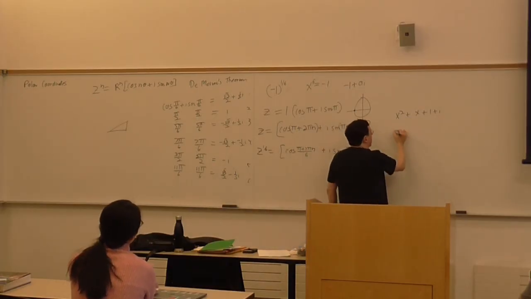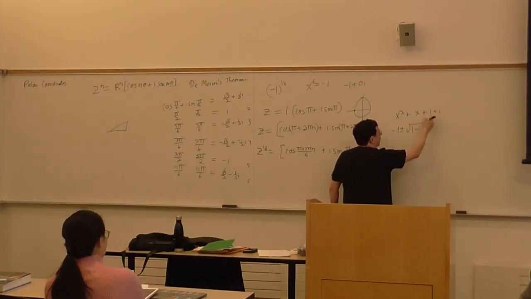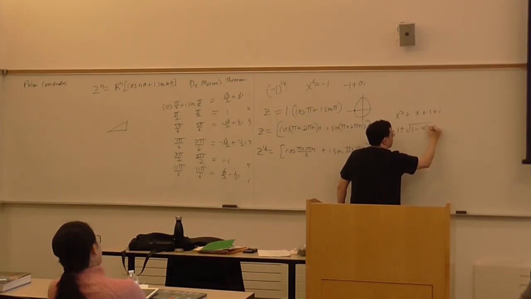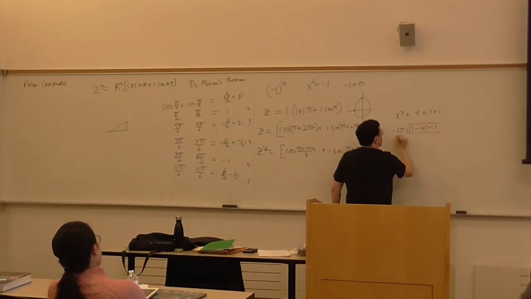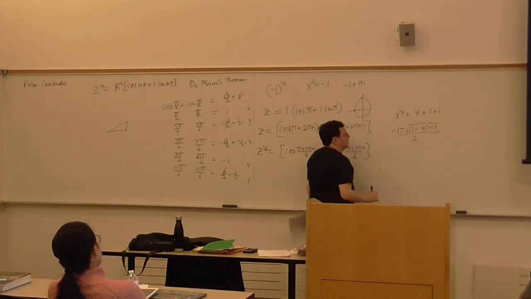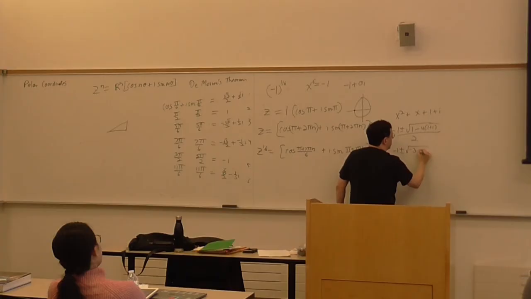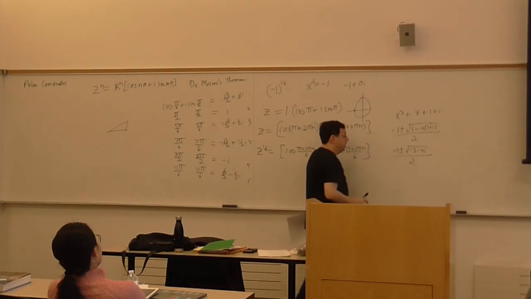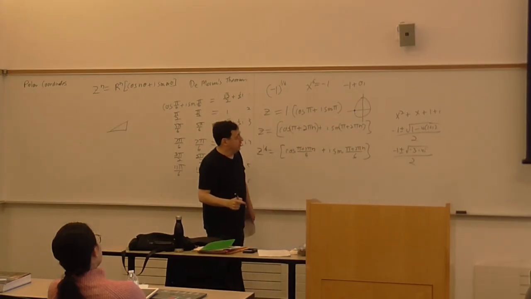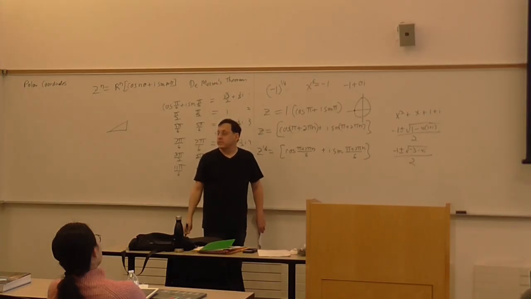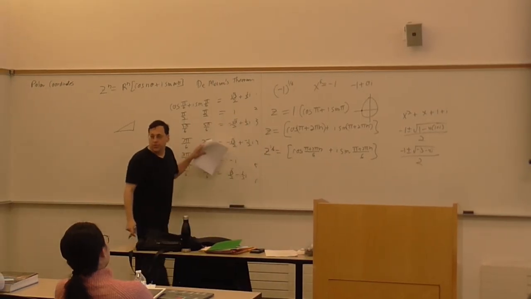So let's use the quadratic formula: -1 plus or minus the square root of 1 minus 4 times 1 plus i, all over 2. So -1 plus or minus square root of -4 minus 3 minus 4i, over 2. Right? Can I find the square root of -3 minus 4i? Yeah, I can. But I have to go through this process.